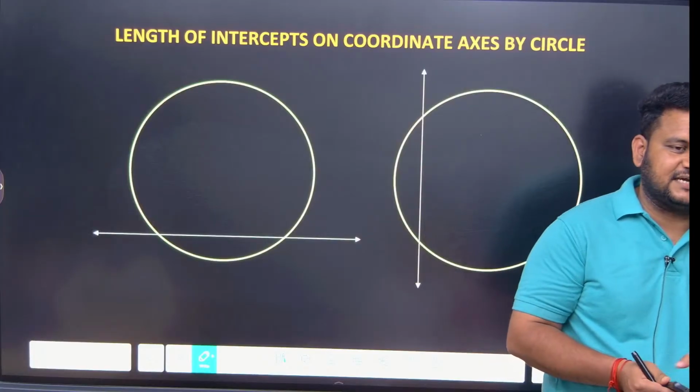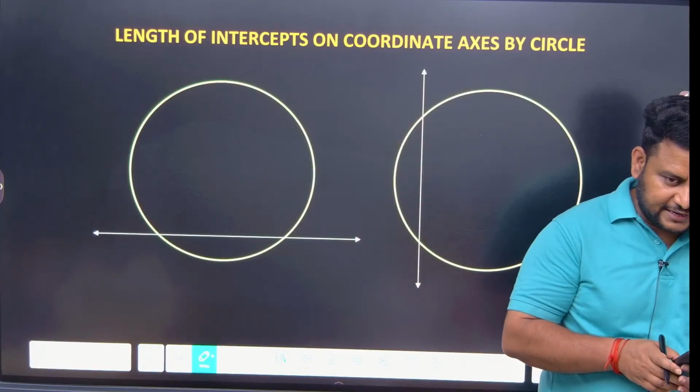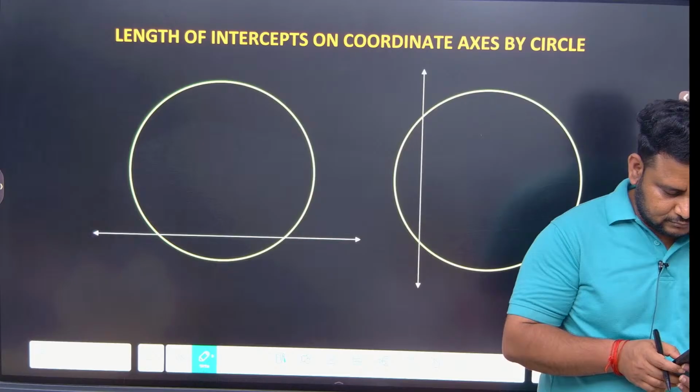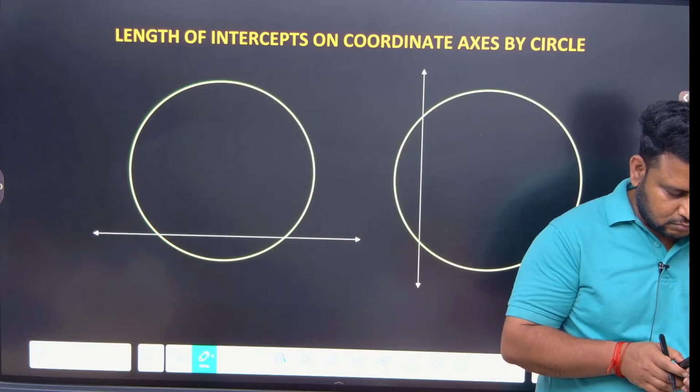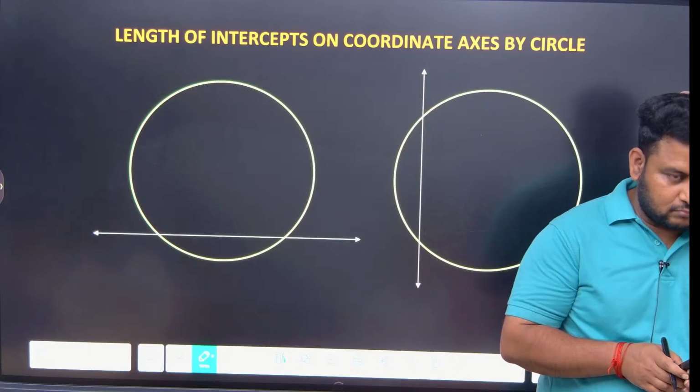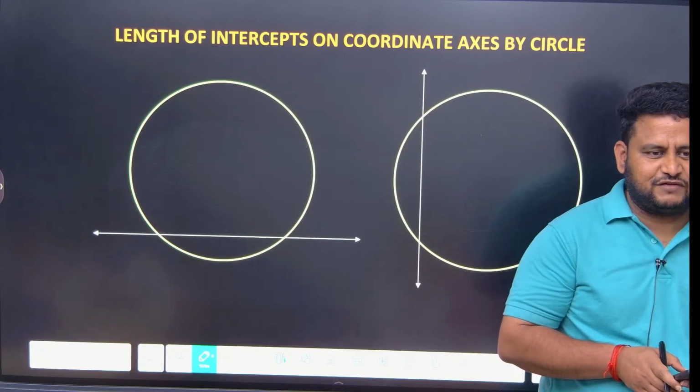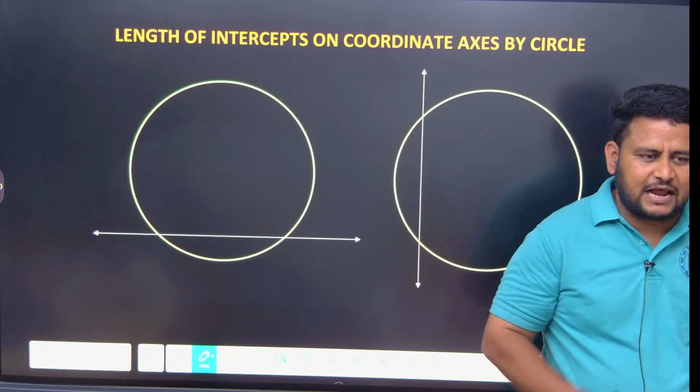If the circle is cutting the x axis, what will happen to the radius? This is my question. F won't be there. Correct? F value will be what? 0. Now what will happen to the length of this chord?